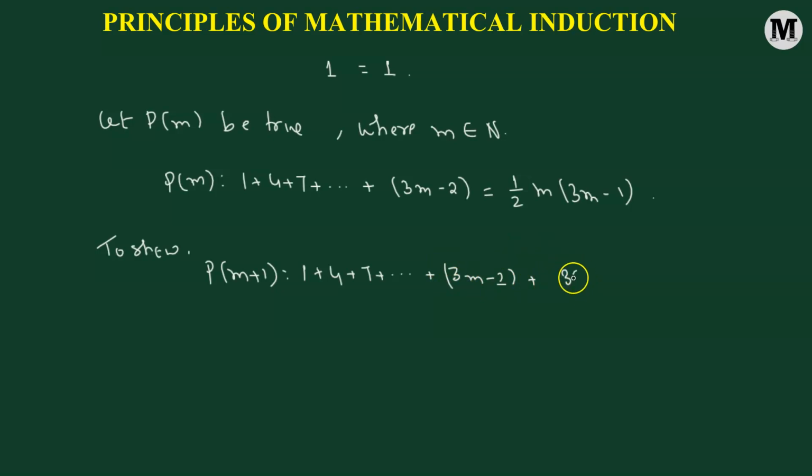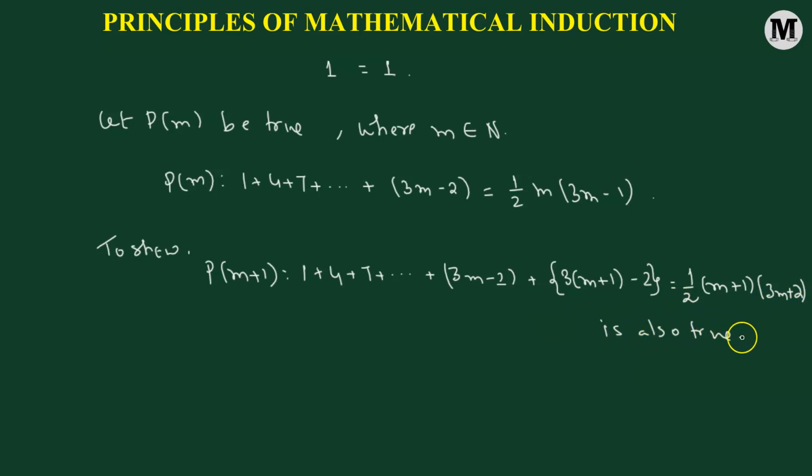So we have 3 times m plus 1 minus 2. This must equal half multiplied by m plus 1 multiplied by, so we have to replace this m value with m plus 1, which gives us 3m plus 2. So we have to show that this is also true.